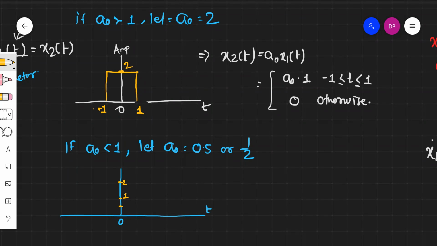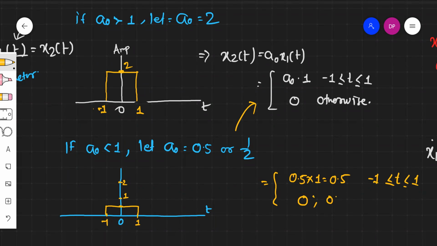So a naught is 0.5, and for the interval -1 to +1, the signal amplitude scales down. So what will be the mathematical expression? This expression is also valid. I can write a naught into 1. In this case, it is 0.5 into 1, which is equal to 0.5 when t lies between -1 to 1, or 0 otherwise.